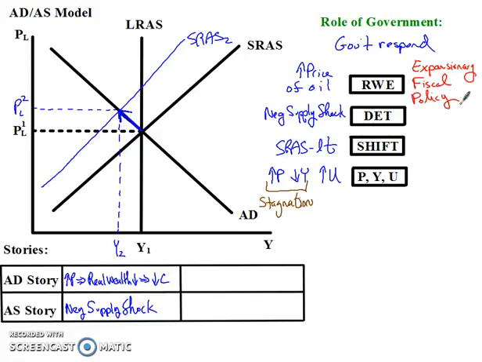You're going to change government spending, and you're going to change consumption through the tax system, specifically by increasing government spending and cutting taxes in order to increase consumption.